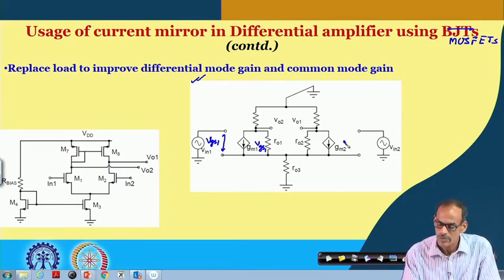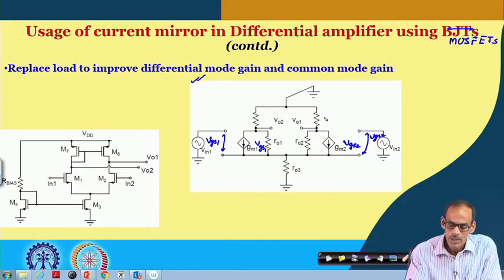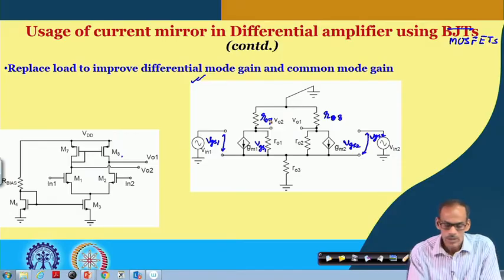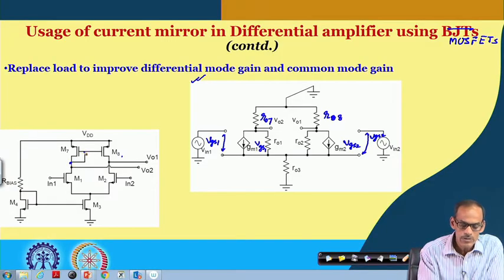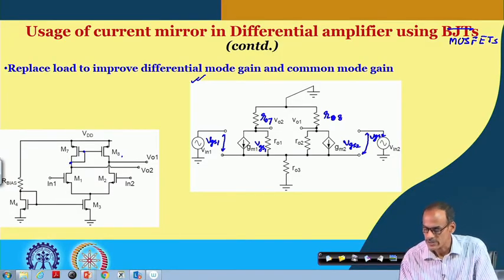Likewise here we have VGS2. Here we have transistor 8 and this is RO8, and also we have RO7. In addition to that, we have this diode connected transistor.